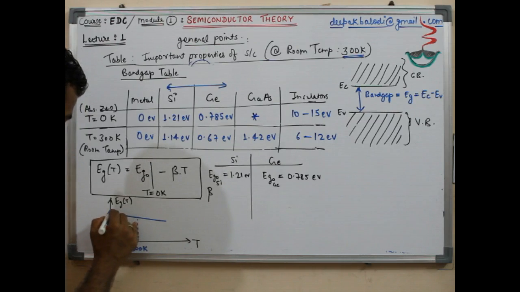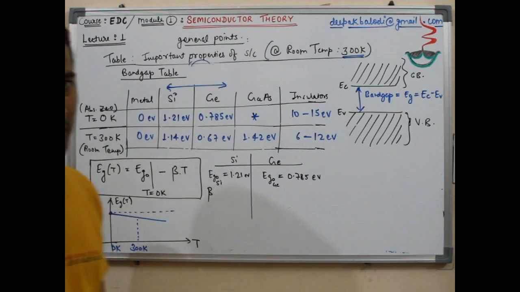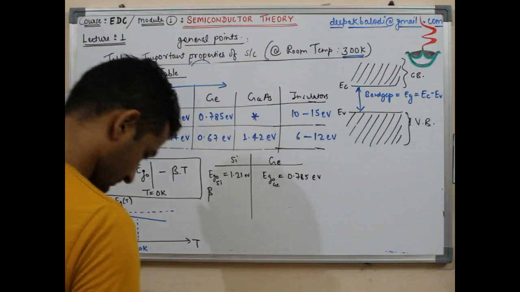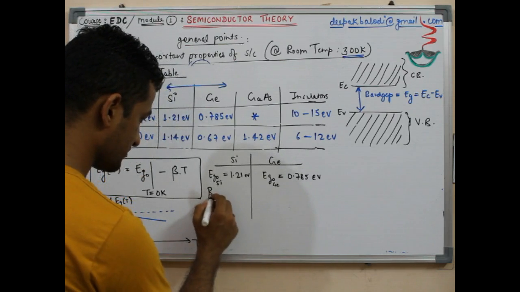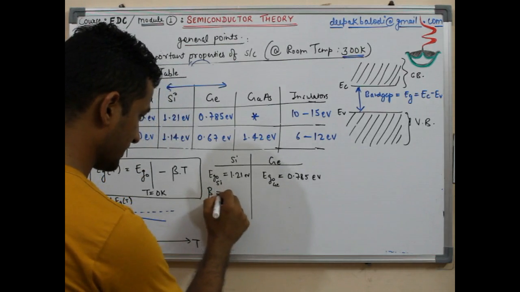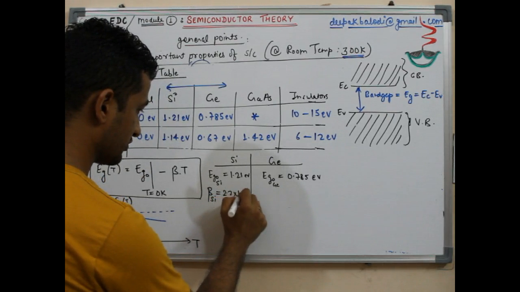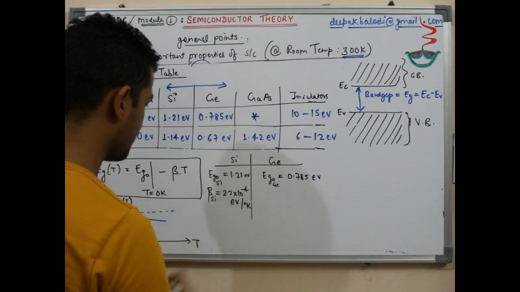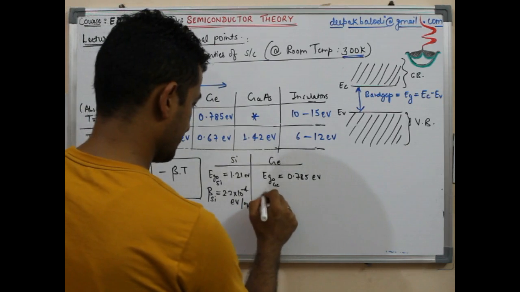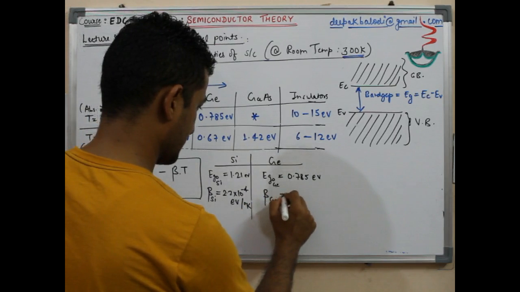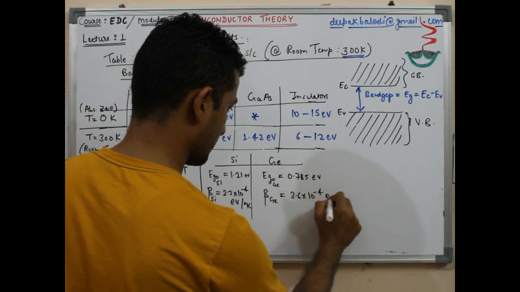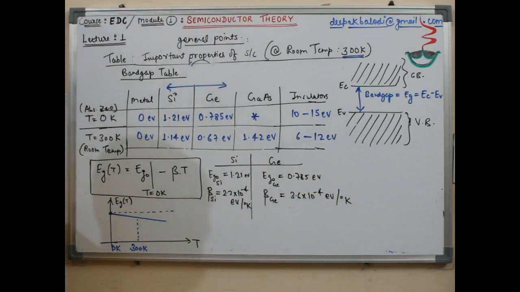So you see, it decreases, but it decreases very slowly. This comes from the value of beta. Beta for silicon is around 2.2 into 10 to the power minus 4 electron volts per degree Kelvin, and beta for germanium is around 3.6 into 10 to the power minus 4 electron volts per degree Kelvin.